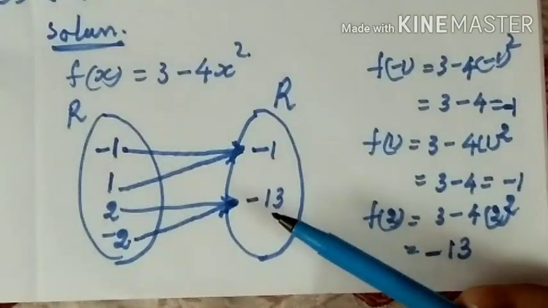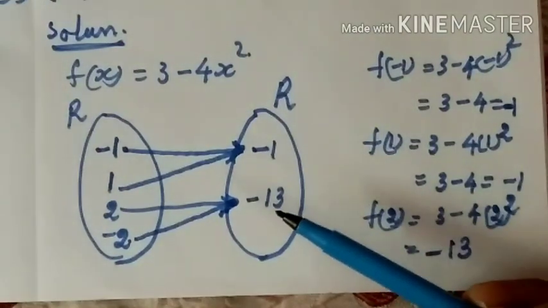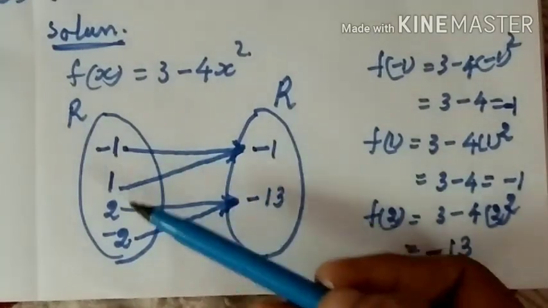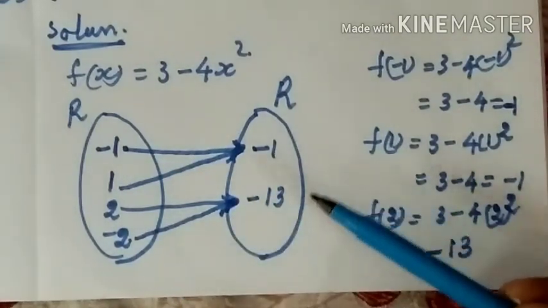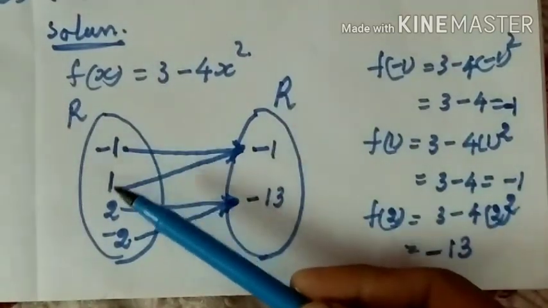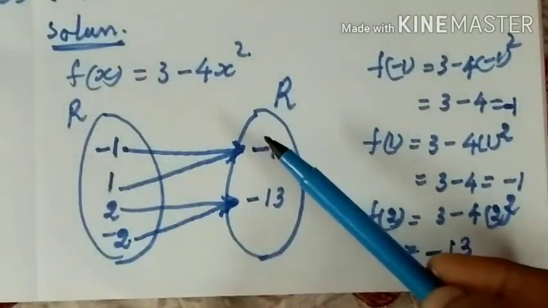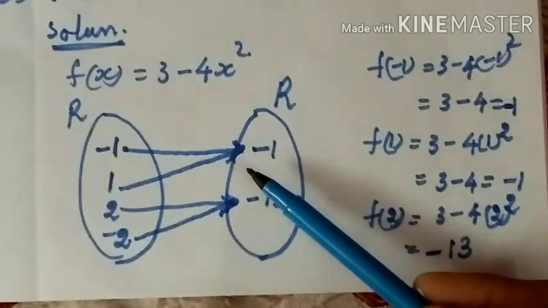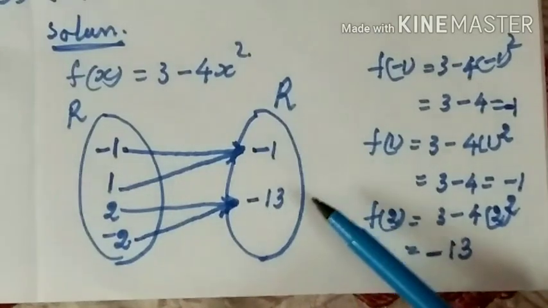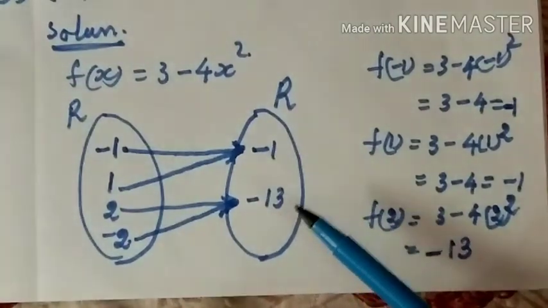Therefore, it is not a one-one function, because in a one-one function, distinct elements have distinct images, but here the elements minus 1 and 1 have the same image minus 1, then the elements 2 and minus 2 also have the same image minus 13.